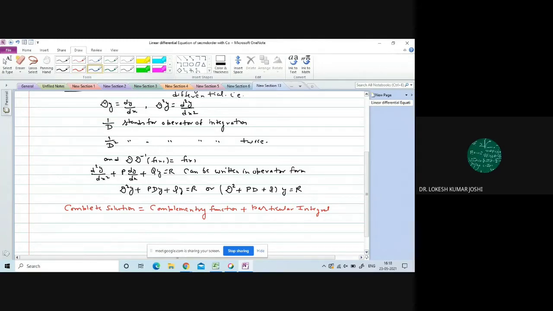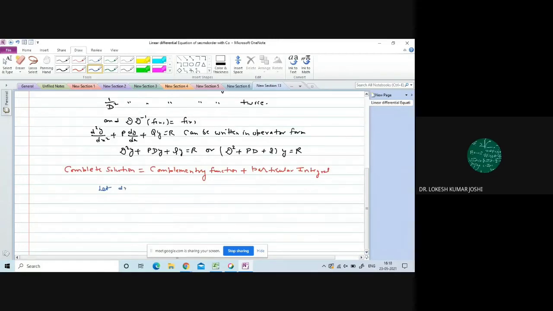Let dy/dx plus py equals q be a linear differential equation of first order. Say it is equation number 1.